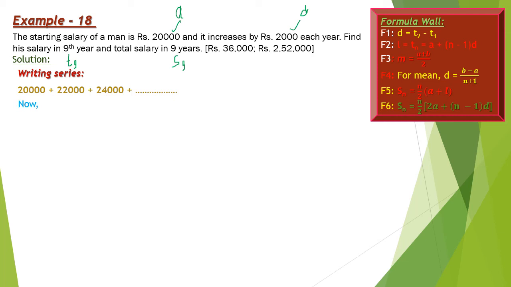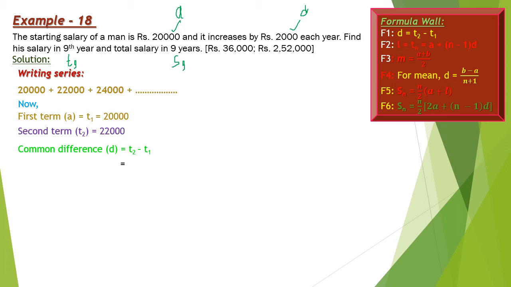Now we have our first term, we have our second term, we have the common difference also. Now T2 is 22,000. We can directly write 2,000 as the common difference. Now the salary in the ninth year, that is T9.